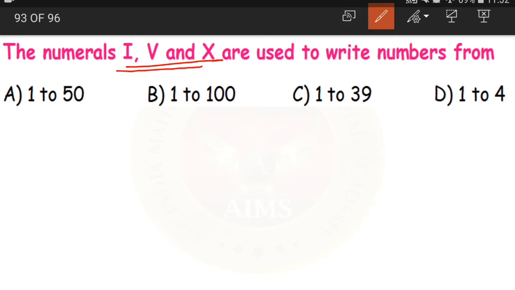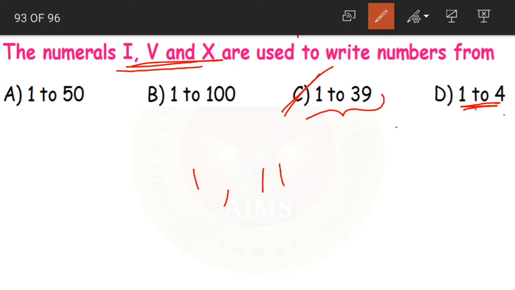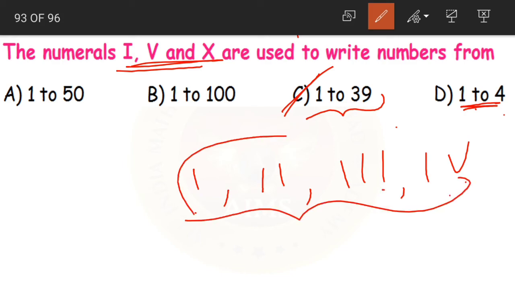Only by using these three Roman numerals, that is I, V and X, we can write numbers from 1 to 39. Yes, when we look at option D, 1 to 4 is also somewhat correct, but this is what? This is 1, 2, 3, 4. This is also correct.